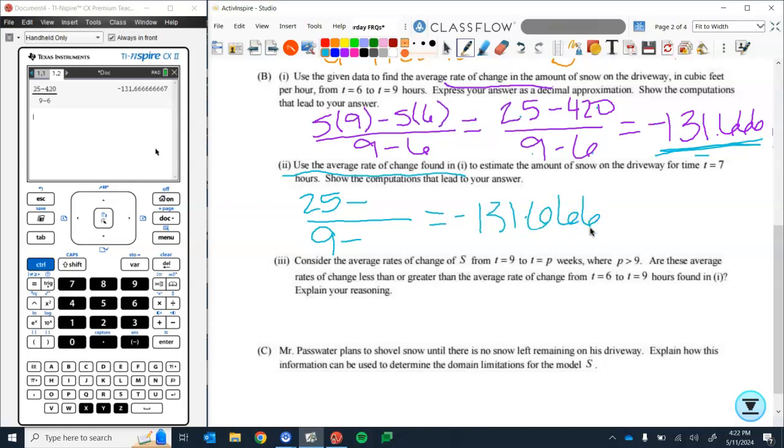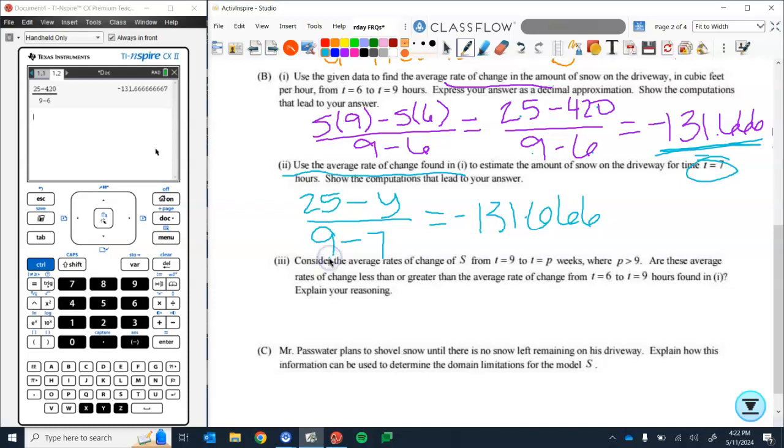I'm not going to actually type that back in, but I wrote it down for myself. I want to estimate it at t equals 7. So this would be 7. This would be S of 7. I could write S of 7 there, but I can also just call it Y for myself right now. Now I've got to get Y by itself. So 9 minus 7 is 2. Or let's say that I'm not even sure what 9 minus 7 is, or I don't want to mess it up.